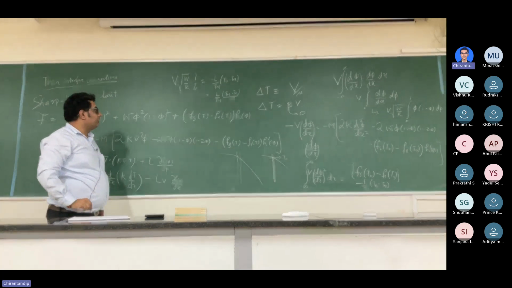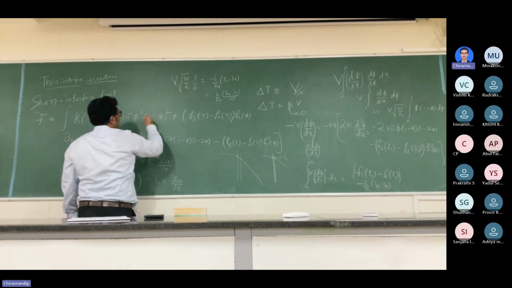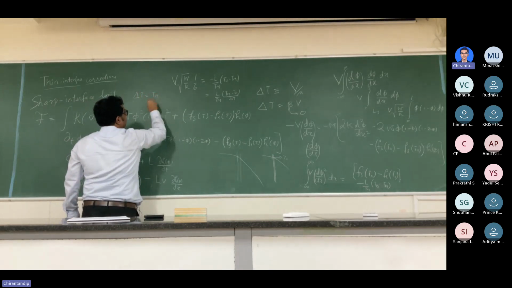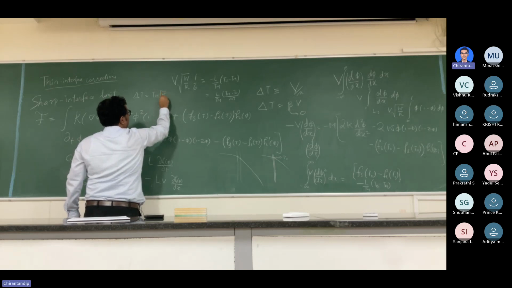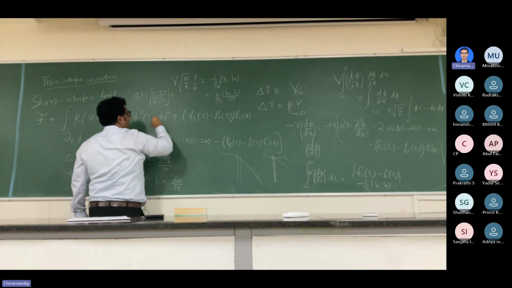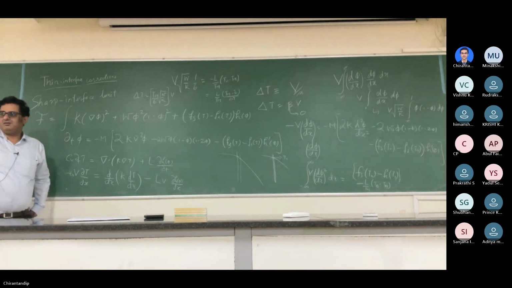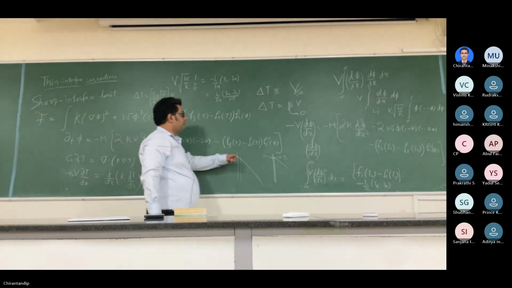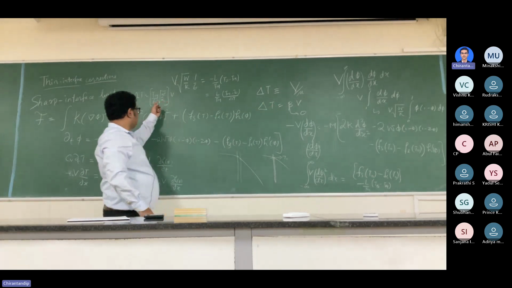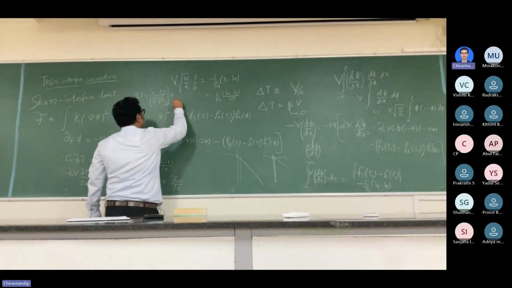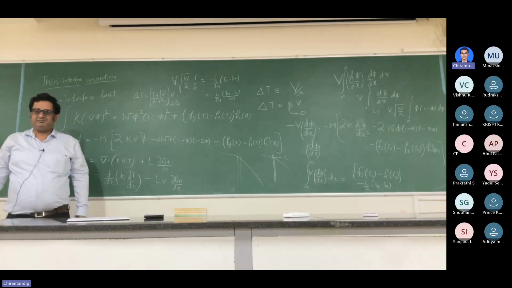So you can describe your undercooling as Tm root WK by 6 times V. And if you compare it with this relation, this is your kinetic equation in the sharp interface.